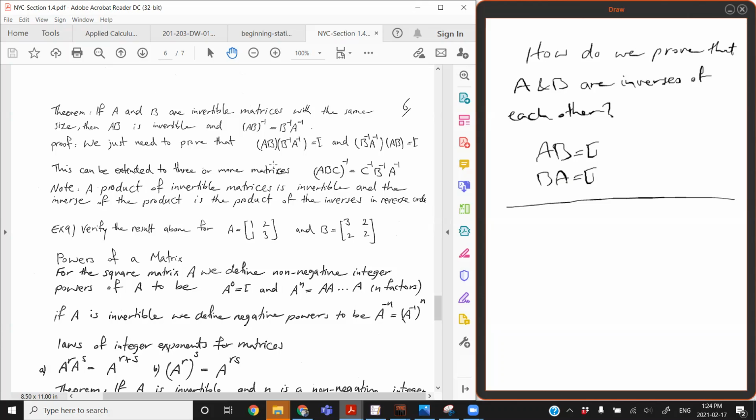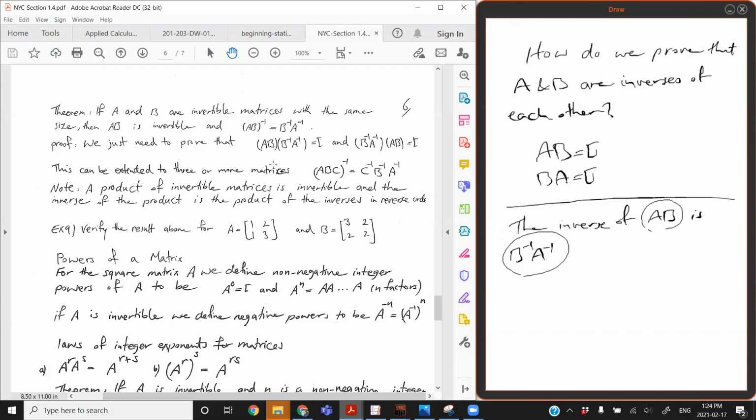So if I want to prove that the inverse of AB is B inverse A inverse, I would have to show that this times this in any order is I.